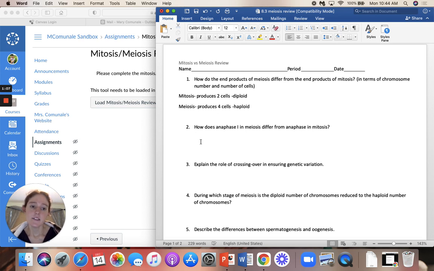How does anaphase 1 in meiosis differ from anaphase in mitosis? We know right off the bat that in anaphase 1 in meiosis, we are going to have double the amount of chromosomes that we would have in mitosis. There's also a special piece that occurs in anaphase where we have our chromosomes independently assorting and segregating differently than they would in anaphase of mitosis.